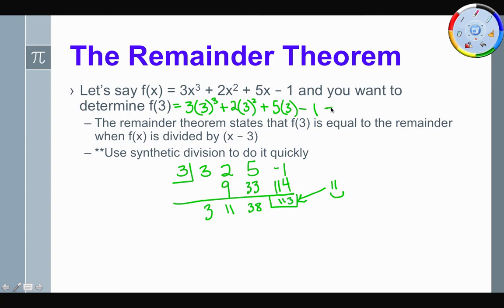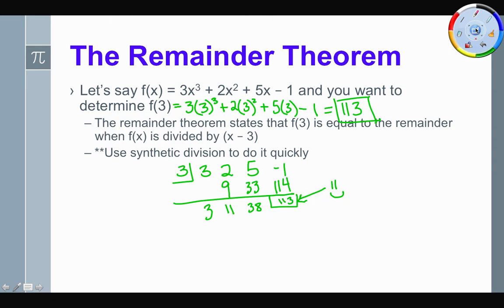Therefore, f of 3 is equal to 113, and done. Notice we did not have to do any substitution. All we did is some quick synthetic division, and we got our answer.